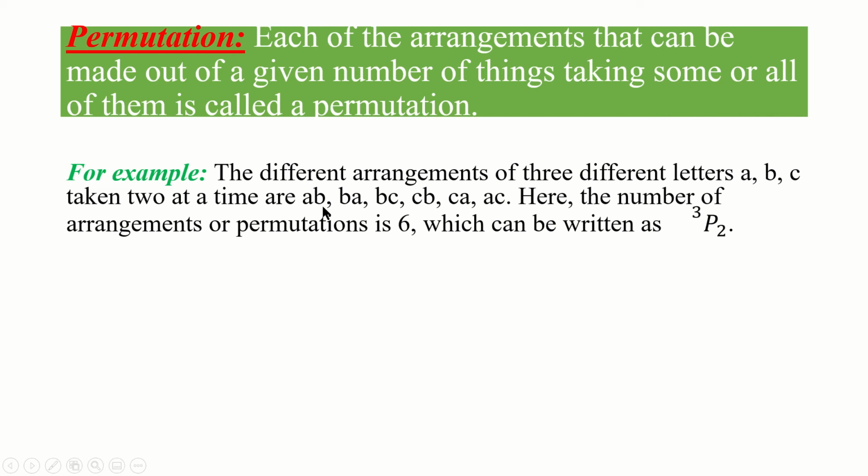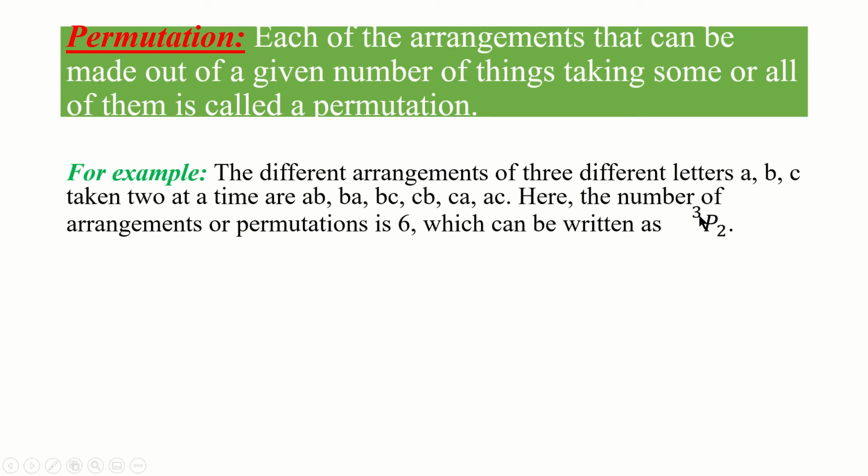They are AB, BA, BC, CB, CA, AC. That means from three different letters we arrange, taken two: AB or BA, BC or CB, CA or AC. That means total arrangements or total permutations is 6, which can be written as 3P2.